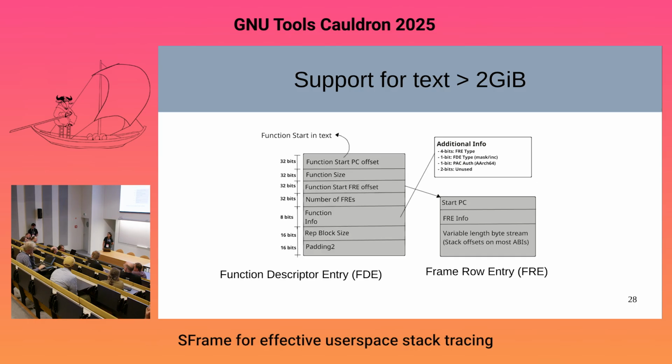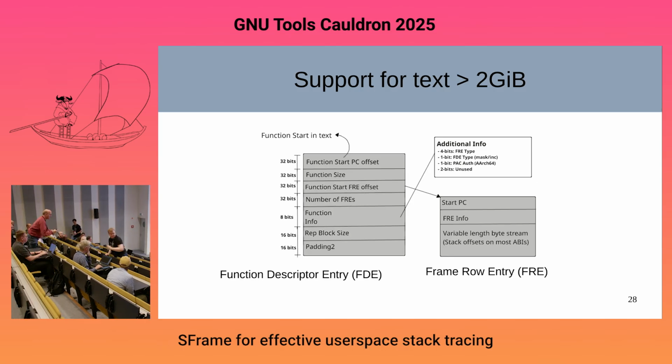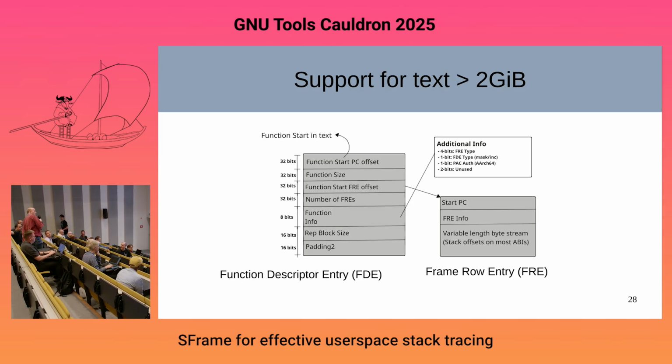But you really don't want to do that in the middle of it. The S of SFrame is for simple, simple for the user. You can do the sorting at registration time, but none of this solves the problem that we don't generate the GNU SFrame program header that you need to find that data.